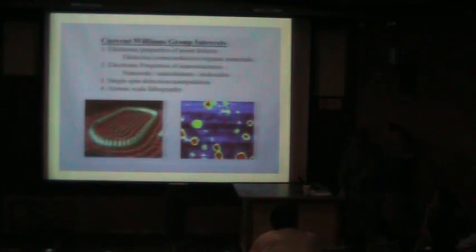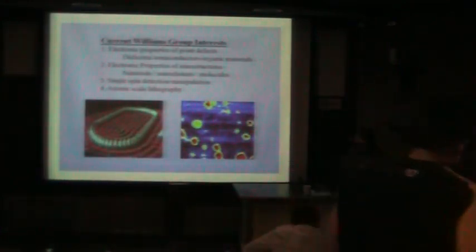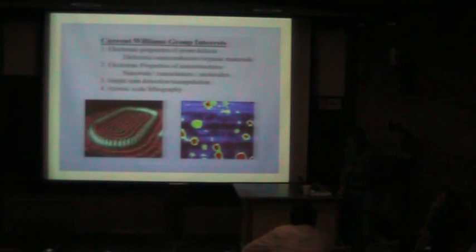We're also interested in collaboration with Christoph in demonstrating the ability to detect a single spin with atomic spatial resolution. And we're also interested in using the approach that we've developed in the last few years to do atomic scale lithography.